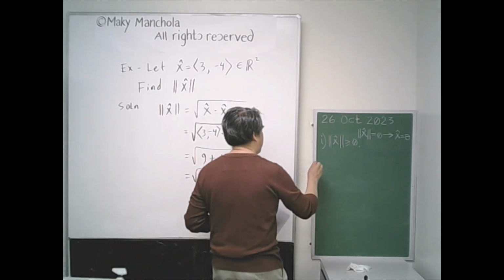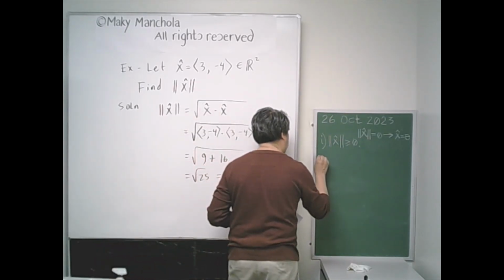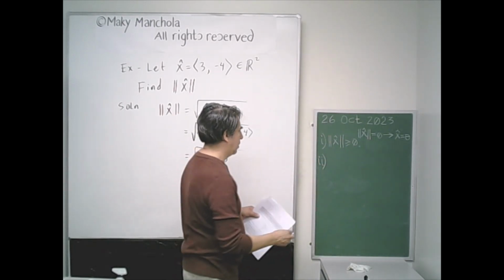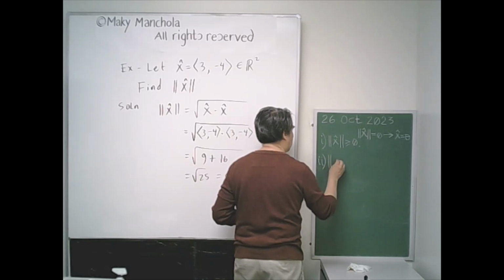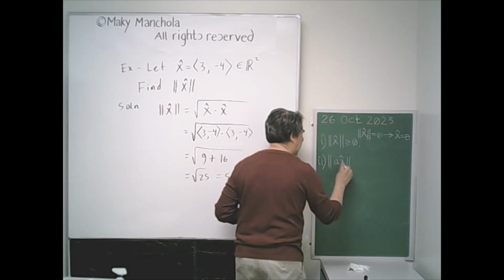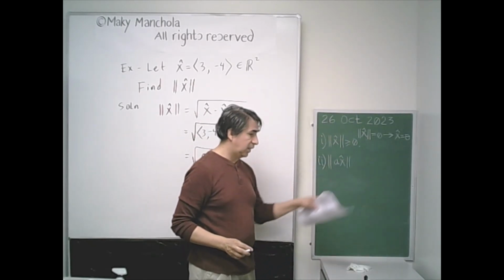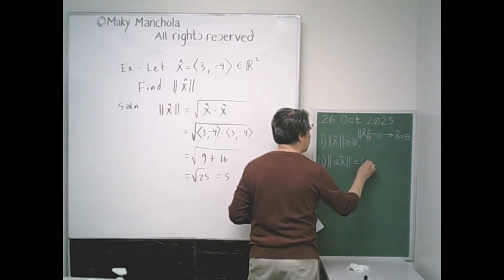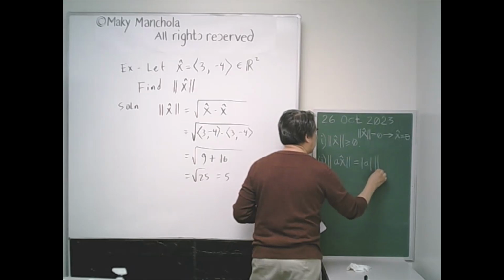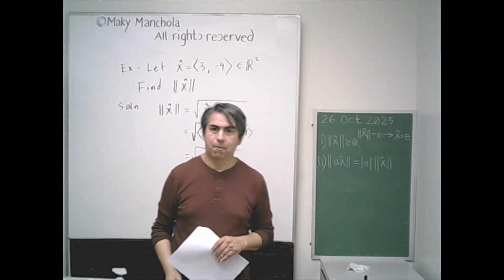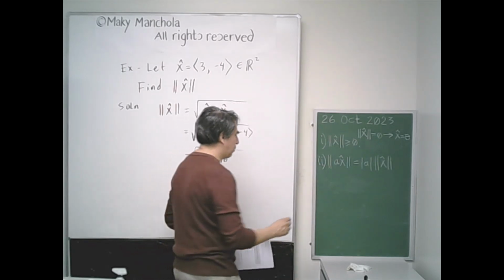Second property. The norm of the scalar multiplication of a and x hat, remember a is a real constant, x hat is a vector in Rn, is equal to the absolute value of the constant a multiplied by the norm of x hat. Third property.